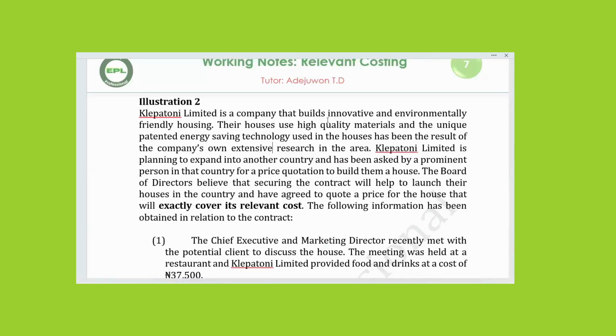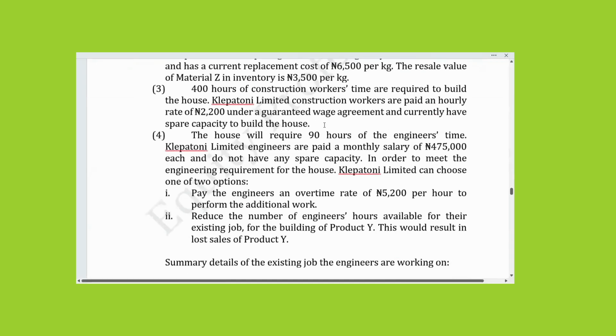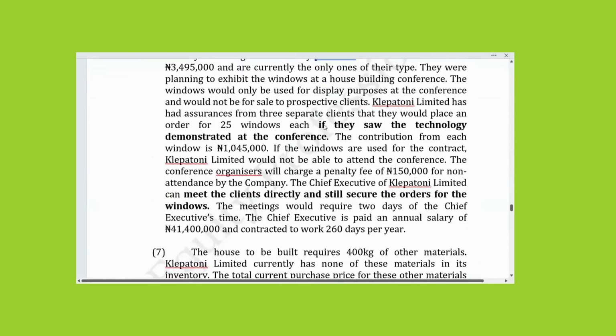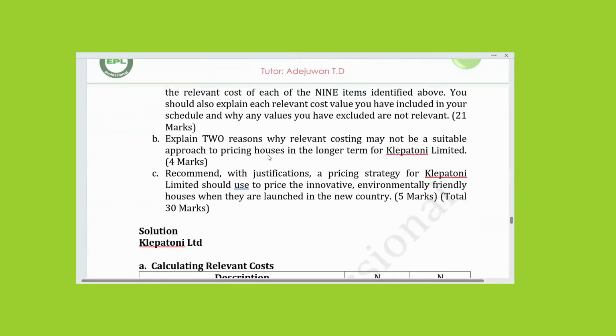So the examiner is now asking you, what is the price? Let me go back. Explain 2 reasons why relevant costing may not be a suitable approach to pricing houses in the longer term for Clepatoni. You have this kind of technology embedded in your housing, and then you are charging a price equal to your relevant cost.